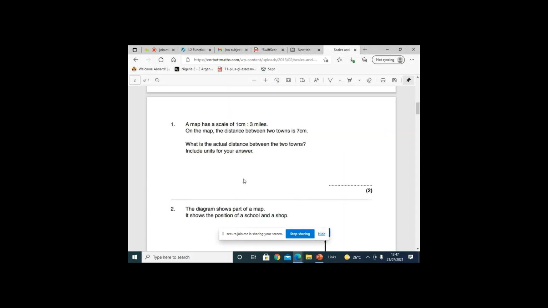So what about this? A map has a scale of 1 centimeter to 3 miles. The distance between the two towns on the map is 7 centimeters. Include the unit there. So what is the actual distance?